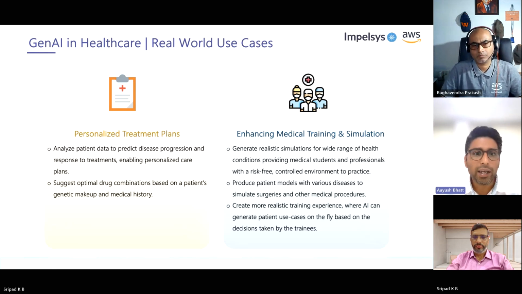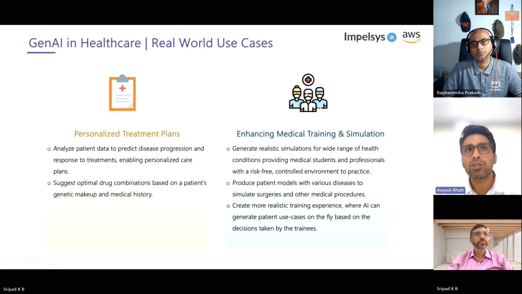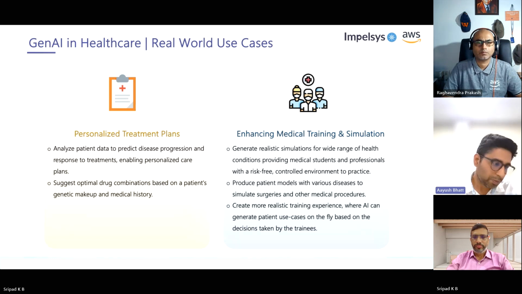Other than that, based on each candidate's feedback and how a candidate is faring in medical training, generative AI can also tailor the content of the training to provide a more immersive training experience.